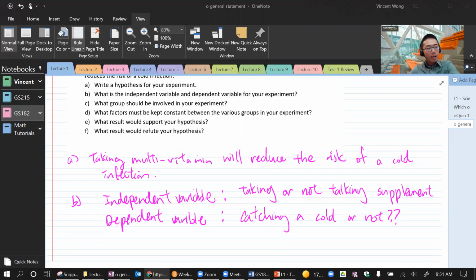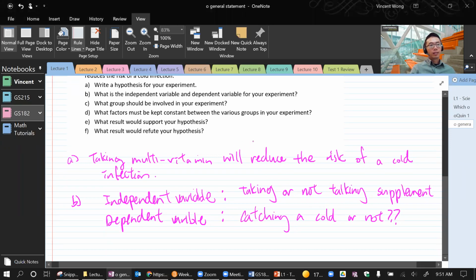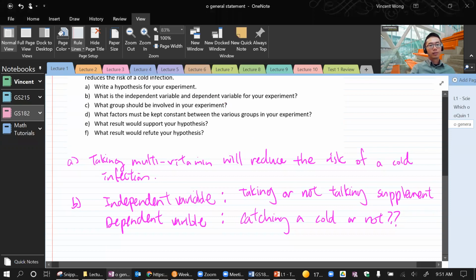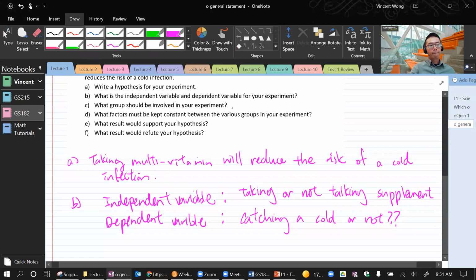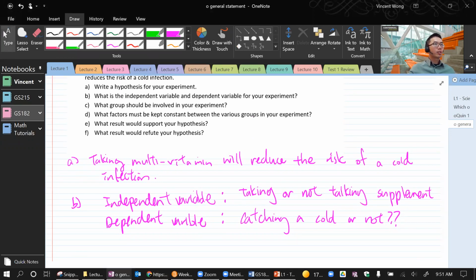Okay, in the chat box, I have posted a link. Why don't you go and click on that link, and you can tell me 3 factors that must be kept constant between the different groups here. Do you guys understand what you need to do?